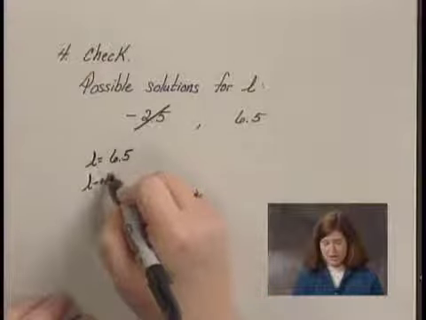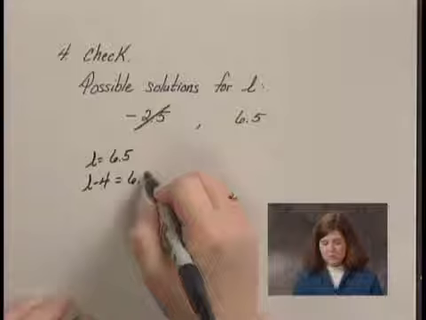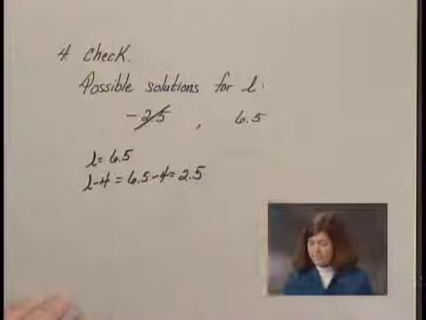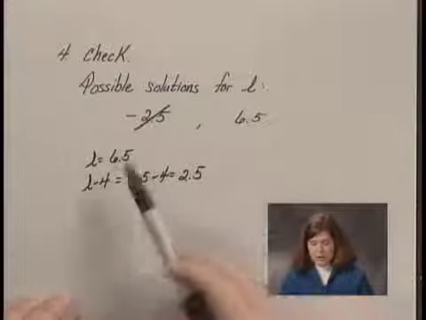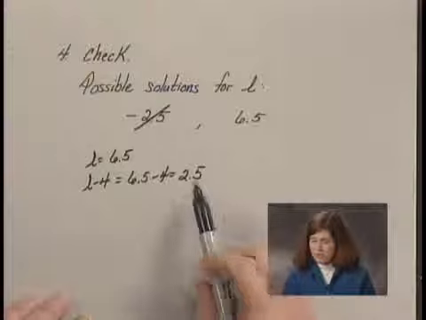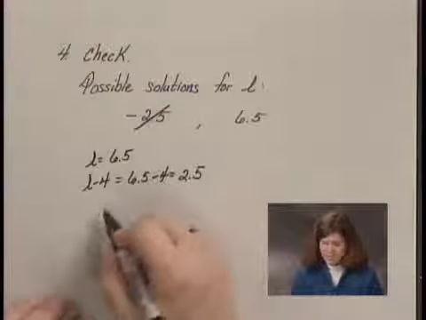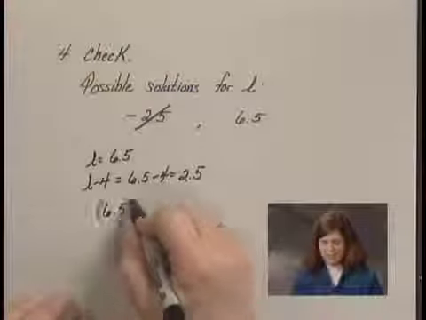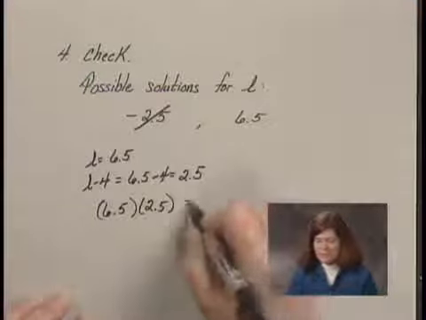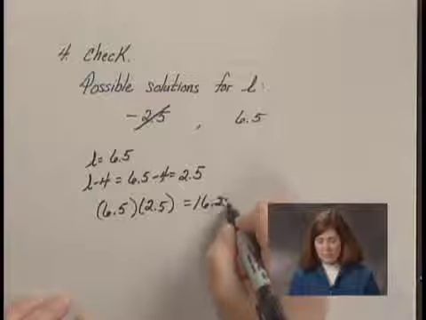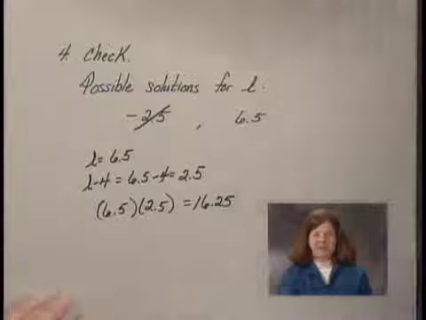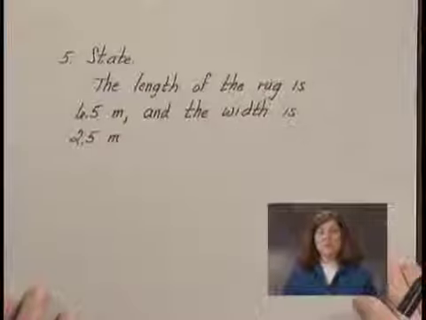So L minus 4 is 6.5 minus 4, which is 2.5. So we have the length 6.5, the width 2.5, and let's check the area. 6.5 times 2.5, if we would multiply, we would get 16.25, which checks.